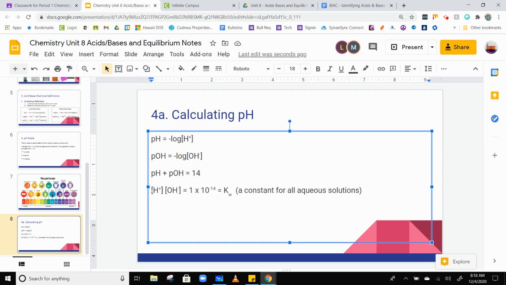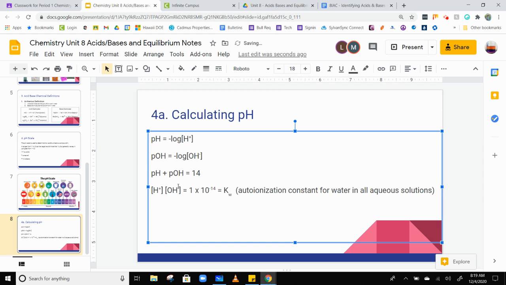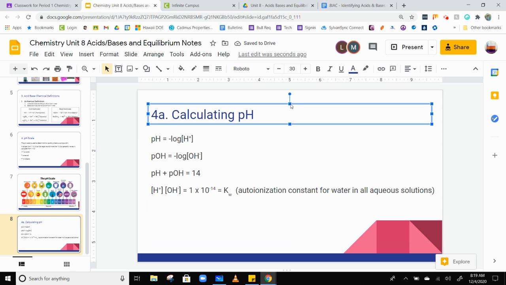It's the autoionization constant for water. So it's a constant. It's always the same. I'll talk about the principle another day, but just know these equations.